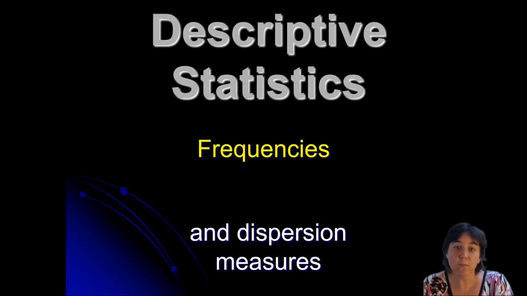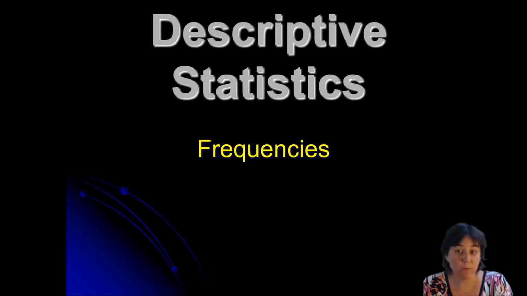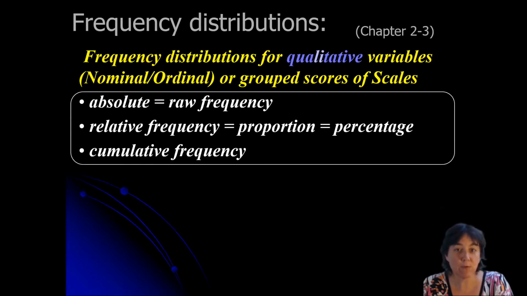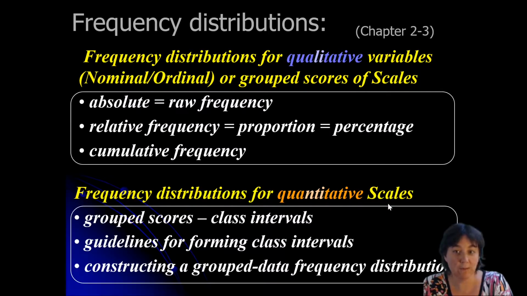First of all, let's talk about frequencies, because this is a very important basic idea. So when we're dealing with frequency distributions, we have to make a big distinction between qualitative and quantitative scaled variables. We talked about this on the last lecture.